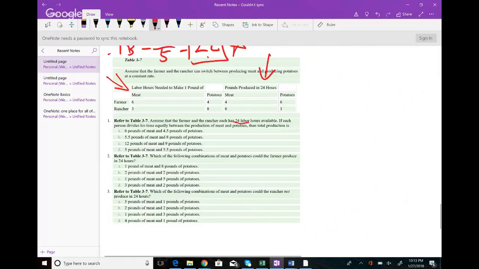Every time they mention how much time it takes to produce a certain good or service, you'll be going back to this labor hour table. If it's asking for the comparative advantage, then you'll be going to the second table.